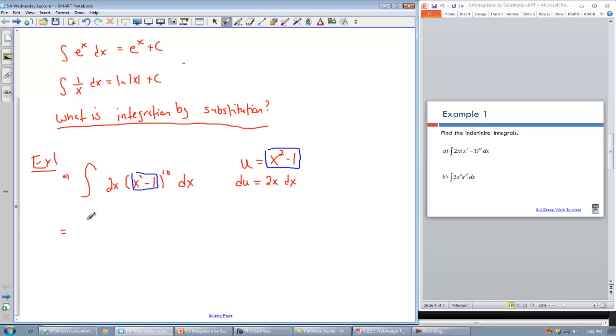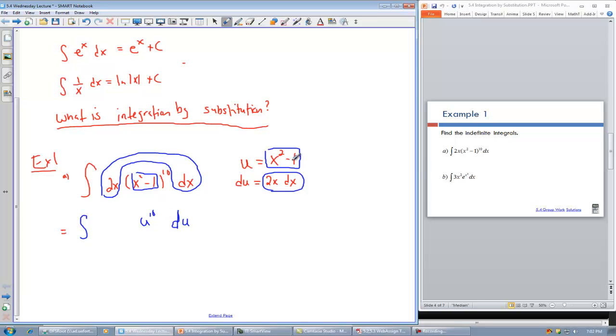So I have an integral, and I have my u here. So this is u to the 10th. And then I have this 2x dx, but that's right here. This 2x dx is the same thing as that. So where I see this, I can just replace that with du.